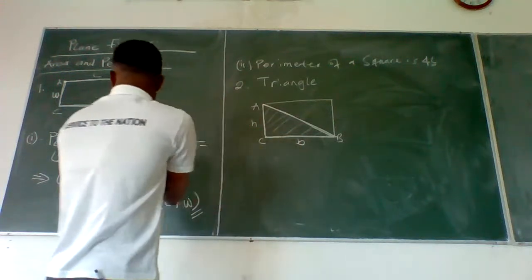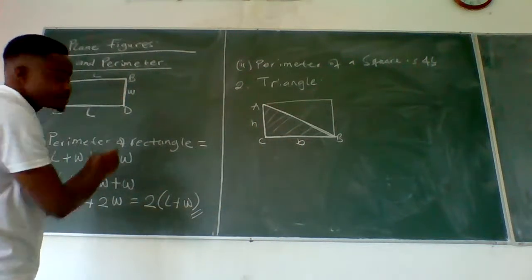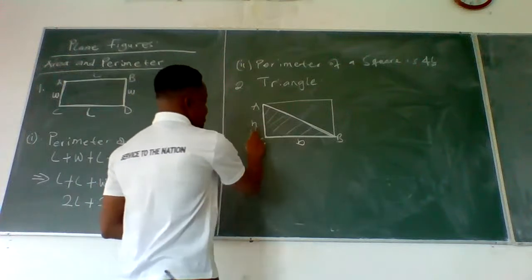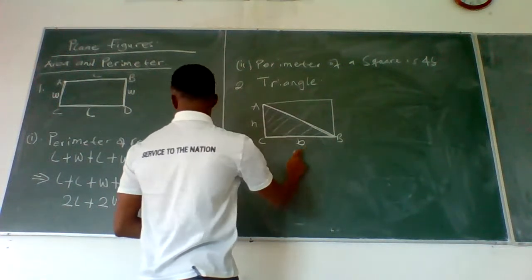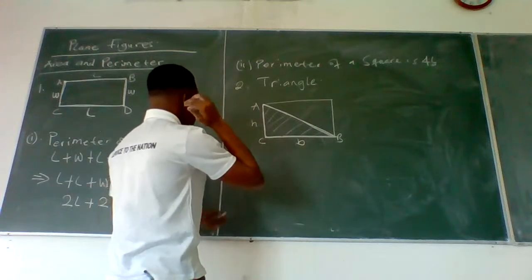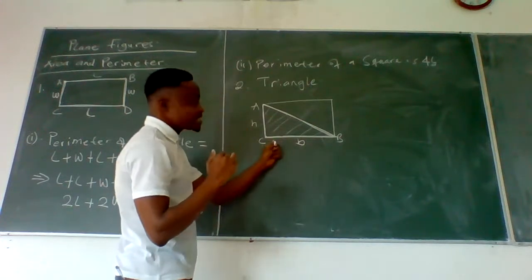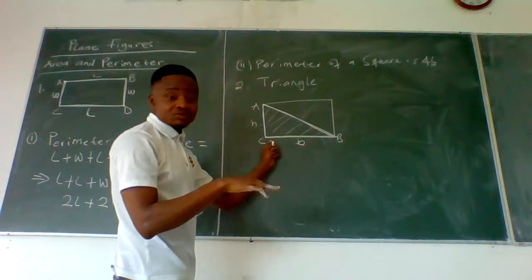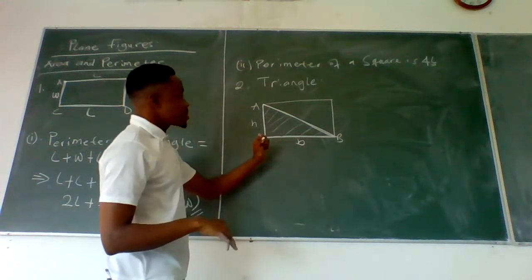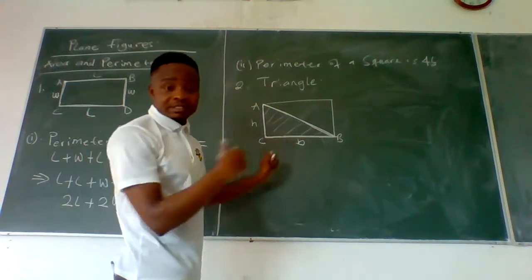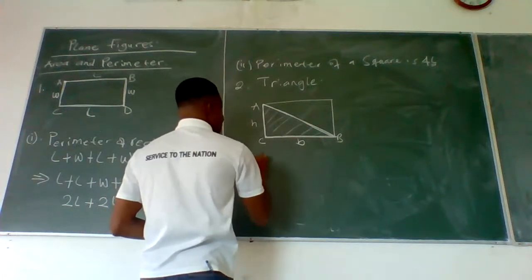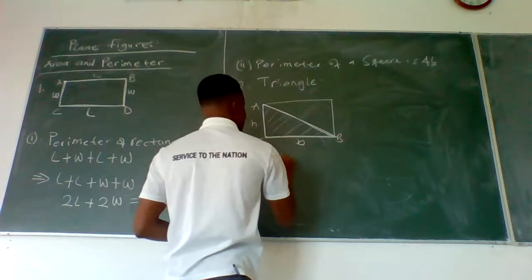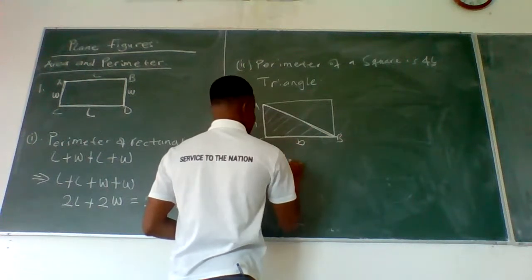And you know the formula for the perimeter of a rectangle, right? When you add all the sides, you find the perimeter. For this one, the perimeter is not difficult. We are just adding the lengths, so we will not bother much, but I'll come back when we are deriving the formula for area. Perimeter is just the total length.